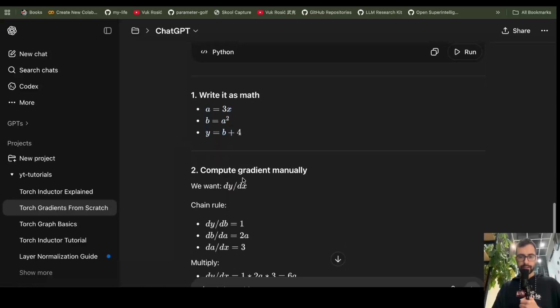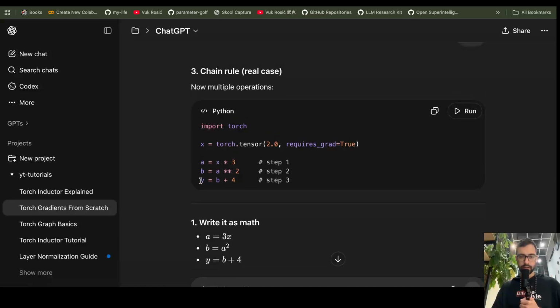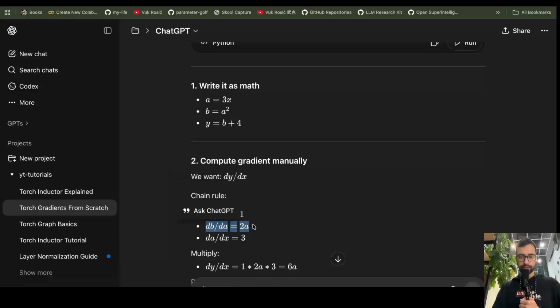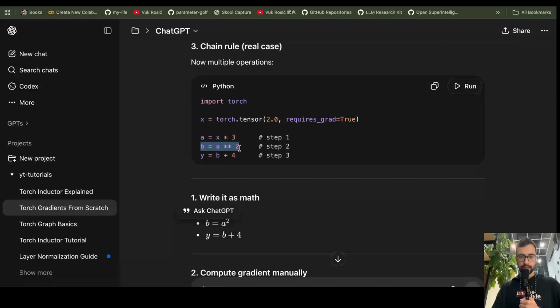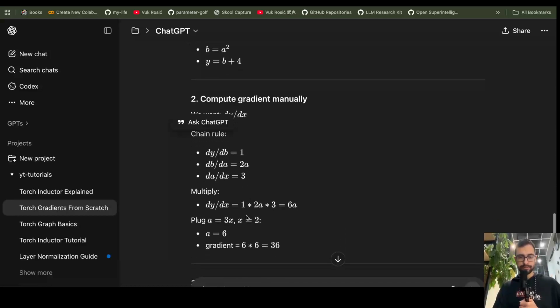The gradient dy with respect to db is going to be 1 here, and then we have db with respect to da, and then lastly da with respect to dx. This is the backpropagation. We use these gradients to do the chain rule, and if we multiply them, we get dy with respect to dx. That's going to be 6a.